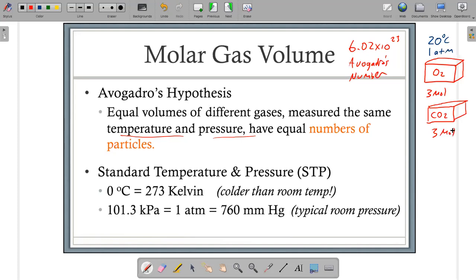So no matter what the species of gas is, it could be a very lightweight gas like hydrogen with a formula mass of 2, all the way up to uranium hexafluoride, which has an incredibly high mass. Let's see, 6 fluorines is like 100. Uranium hexafluoride has a formula mass of around 400.